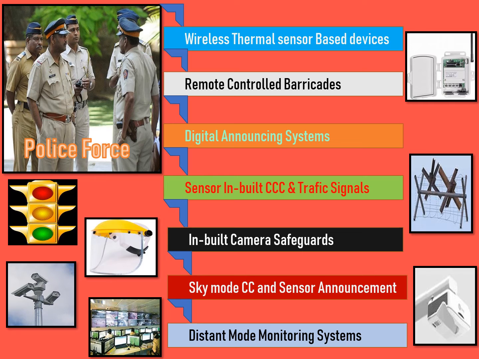Next one is a distance mode monitoring system linked up with CC cameras via wireless mode. So it's a kind of control mode. These are all ways we can look to provide the best technological solutions for the police force, so that they can very easily maintain their work, and there will be no controversial issues.